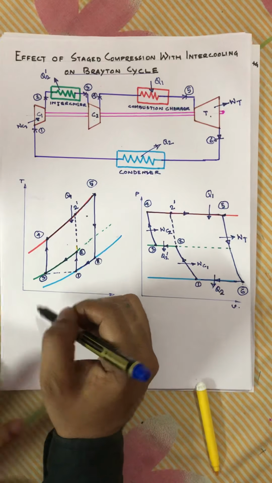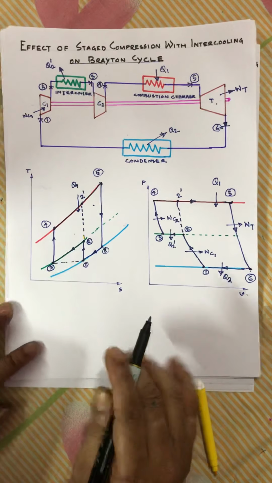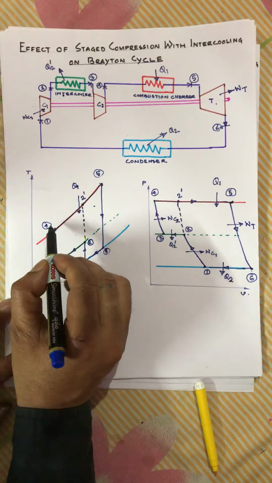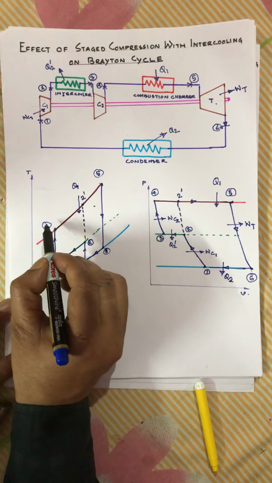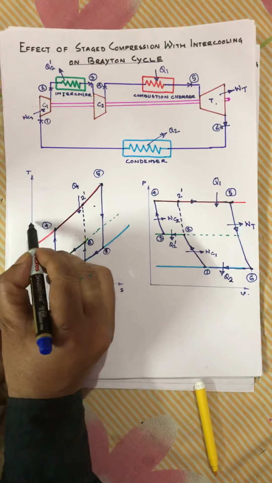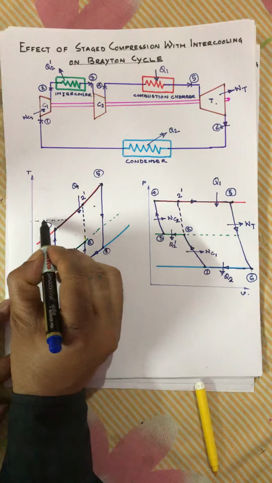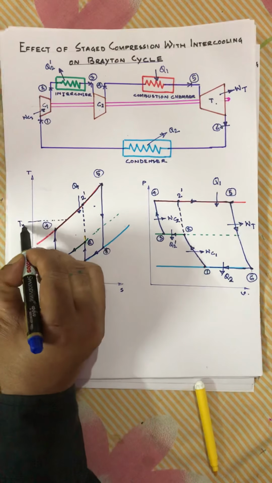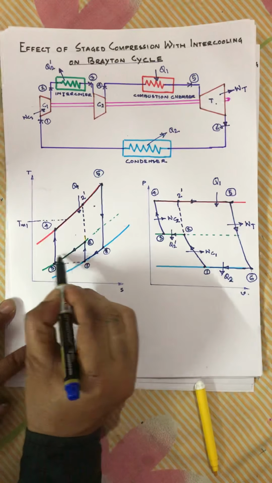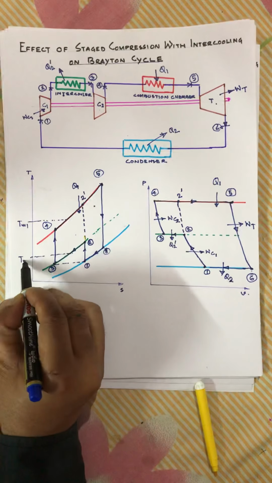Now, for this elementary cycle, if we concentrate, the mean temperature of heat addition, that means the heat addition from 4 to 2 dash, suppose this is the mean temperature of heat addition, Tm1, and the mean temperature of heat rejection, that means 2 to 3, suppose Tm2.